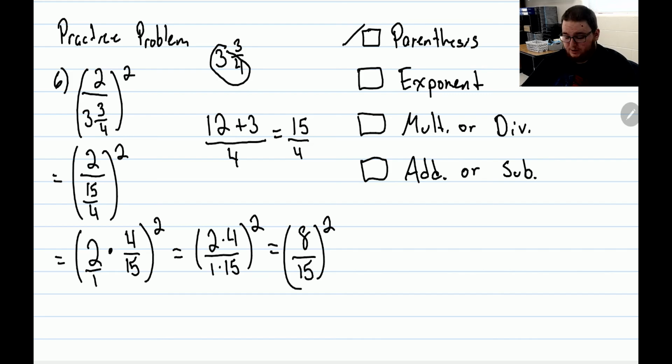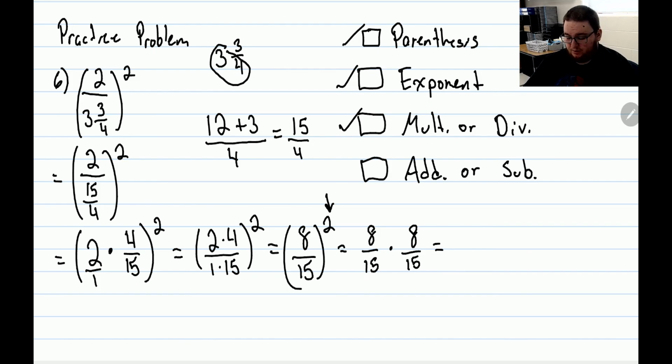An exponent of 2 means that you're going to take whatever is inside the parentheses, or whatever has the exponent, and multiply it by itself however many times the exponent is. So in this case, since the exponent is 2, we're going to have 8 over 15 multiplied by 8 over 15. Since this is still order of operations, we just did the exponent, and now we have multiplication.